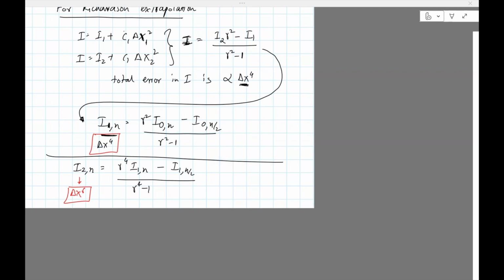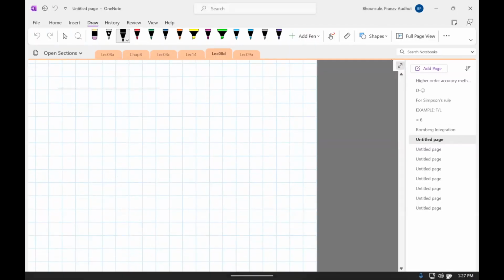Now we can just keep repeating this. Each time you use this recursive formula, you'll get even higher order accuracy. So delta x raised to 8 and so on. So let me write that down. So we can keep repeating this calculation.